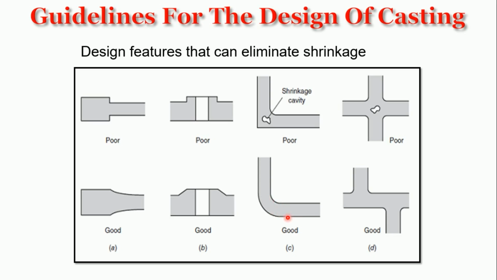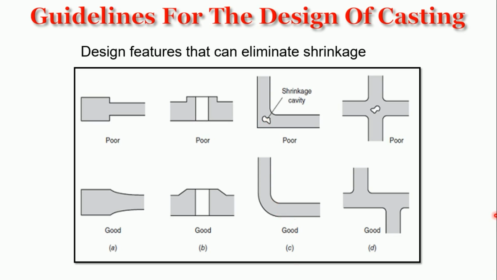These are good designs because we can maintain the cross section throughout. Here the cross section is very high, so it contains more metal, and this metal requires more time to solidify than the other parts, so it creates shrinkage cavities. So these are the good designs.